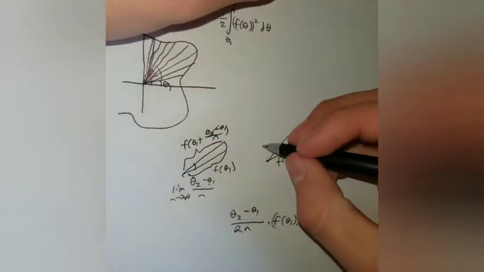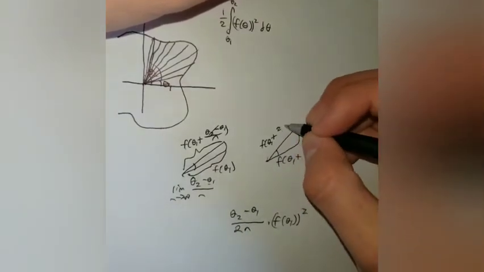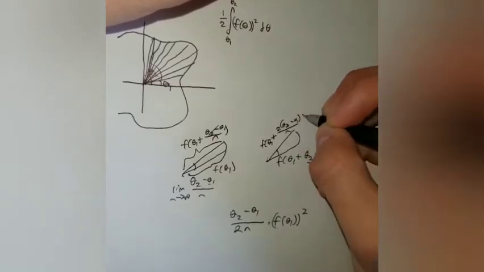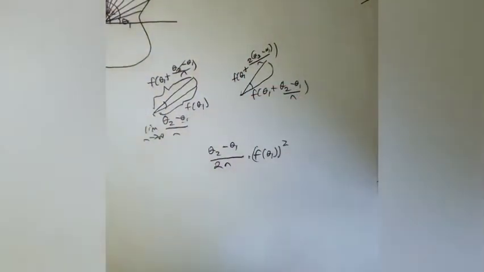So the length of this piece is f of theta 1 plus 2 of this, so 2 times theta 2 minus theta 1 over n. So in other words, you can treat it the same as n goes to infinity.